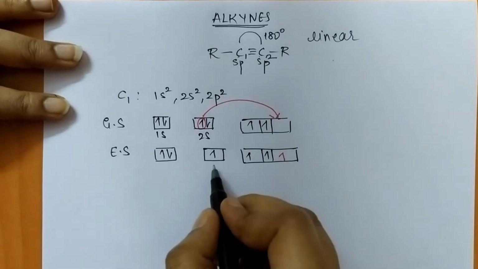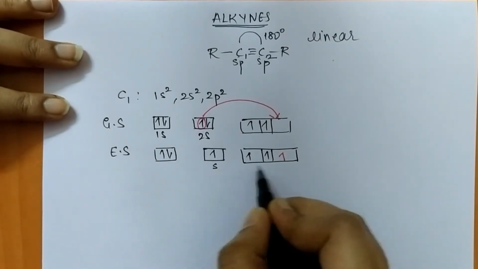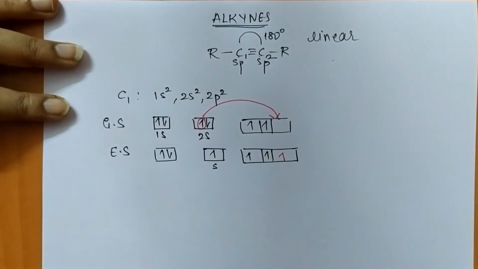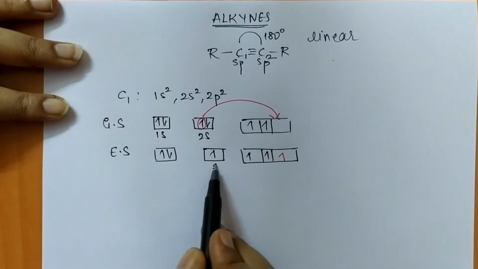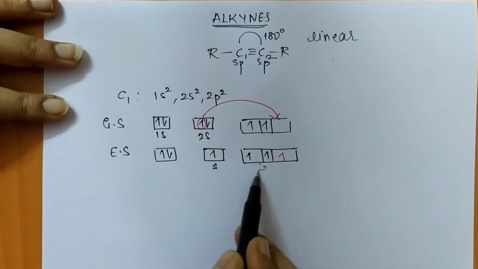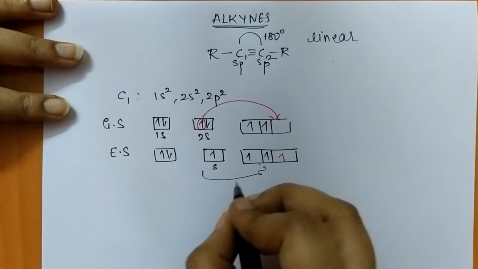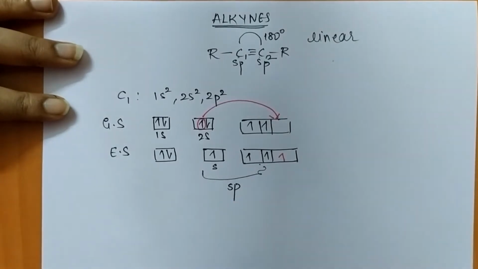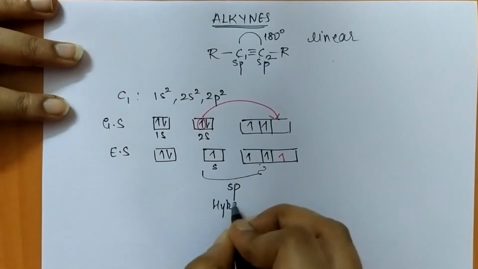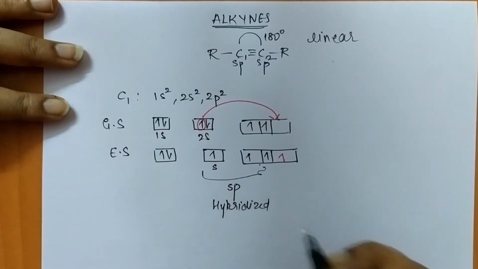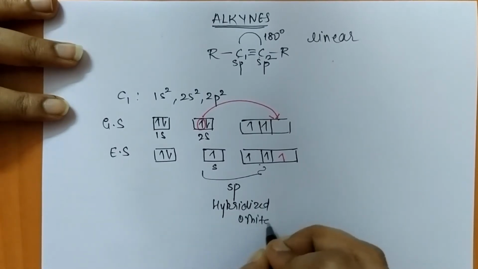Now we know that this is the s orbital and these all are the p orbitals. Now however, the s orbital and one p orbital are taken together, and therefore they are called the sp hybridized orbitals.